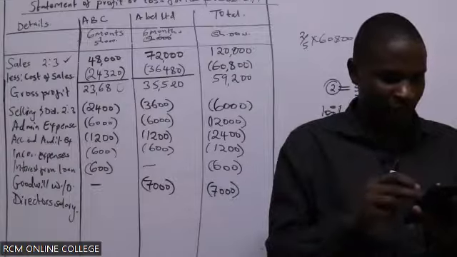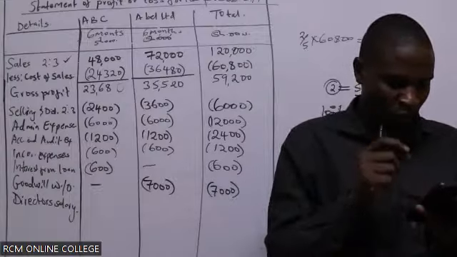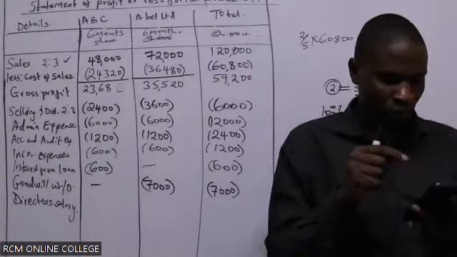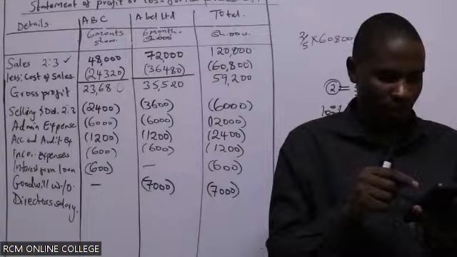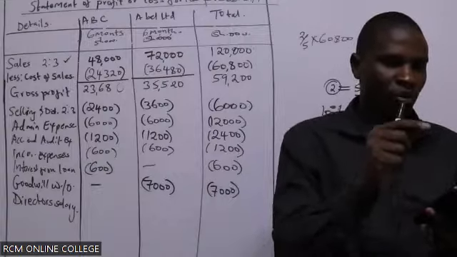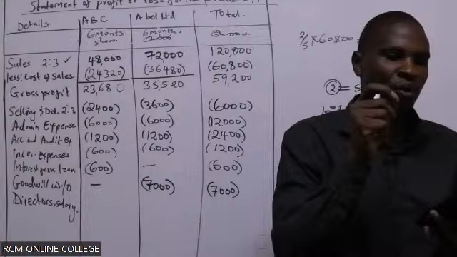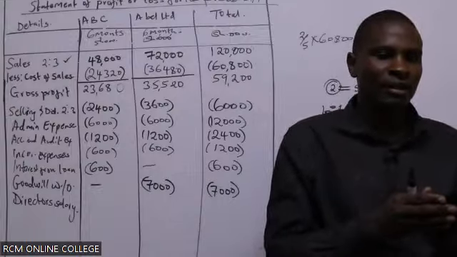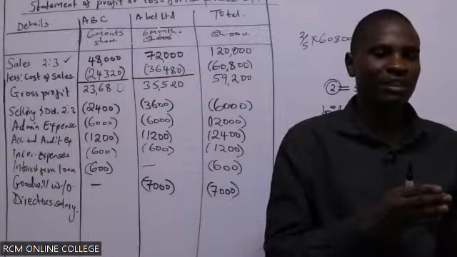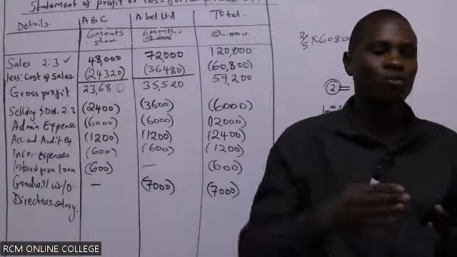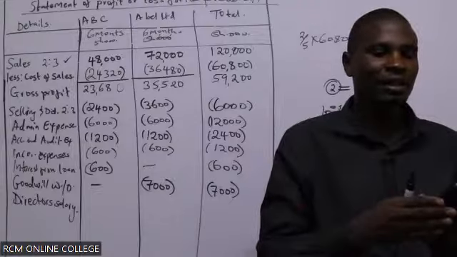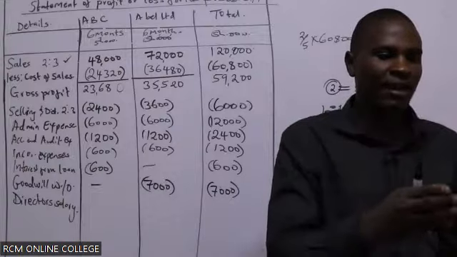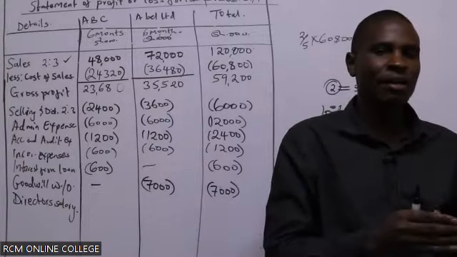What we are looking at here is now the note 1. That is what we are looking at. And note 1, we were told that the total is 7,400. But remember, after 6 months, they did not proceed to be partners. So we're going to divide the 7,400 by 2.